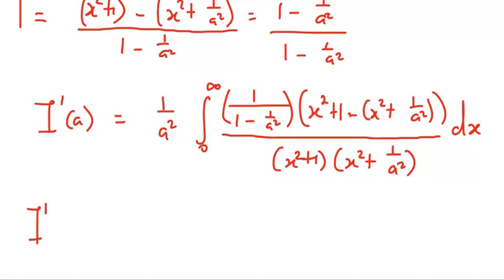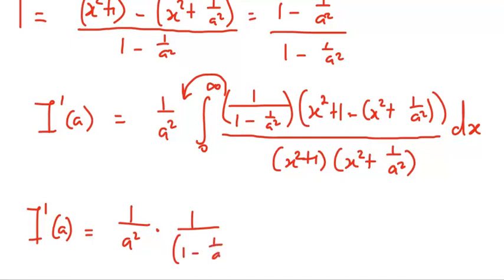So here we have I prime of a is equal to, so take this one outside, okay? So this is going to be 1 over a squared multiplied by 1 all over 1 minus 1 over a squared. Then, now, if you split the denominator, we're going to get the integral from 0 to infinity.